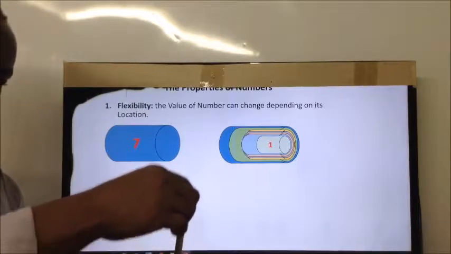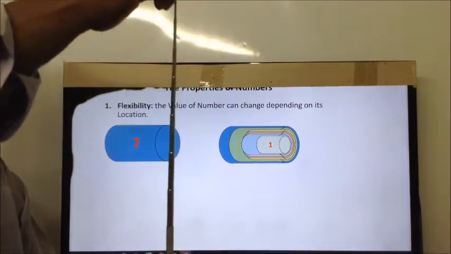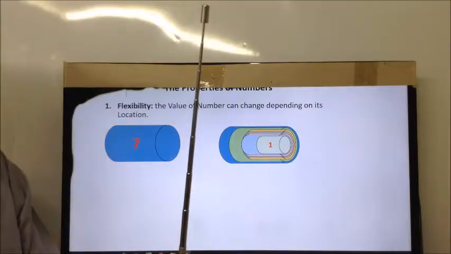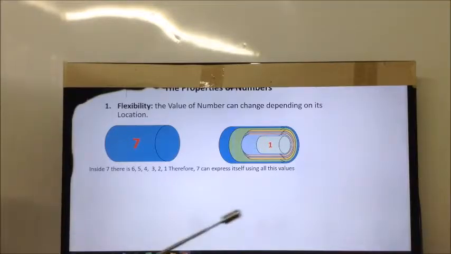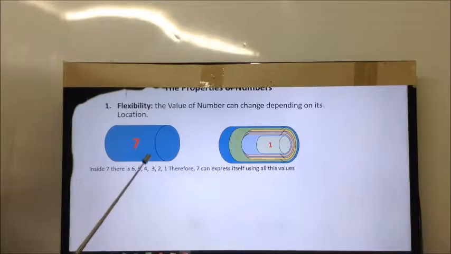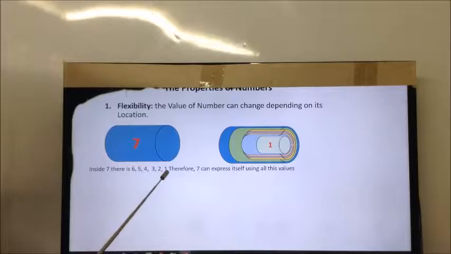Therefore, when you pull out the antenna, you see what you get? It's the same. So inside 7, there is 6, 5, 4, 3, 2, 1.